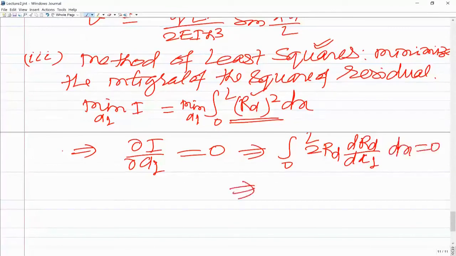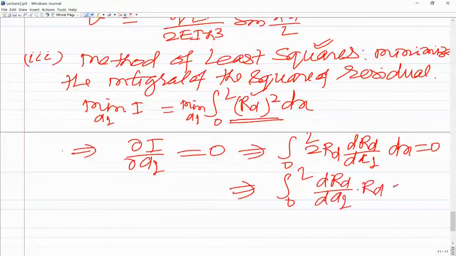Now we can divide both sides by 2. Finally we have the integral from 0 to L of dRd by da1 into Rd dx equal to 0.